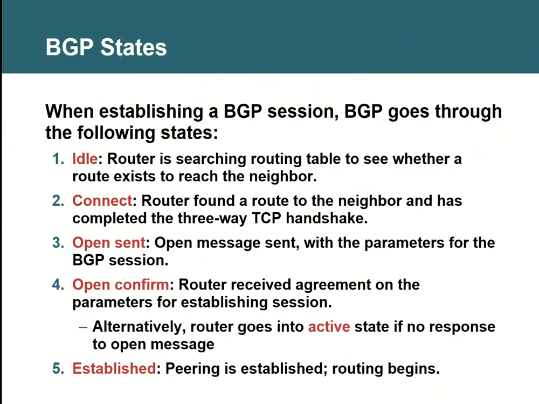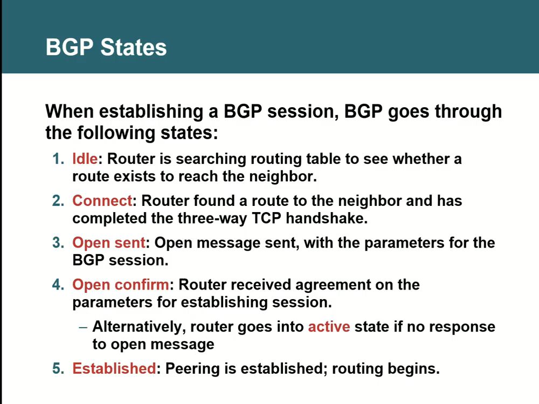So the connect state needs to be completed. For that, we should have configured the neighbor addresses correctly on both the routers, with the right autonomous system number and the right neighbor IP address. Only then the three-way handshake gets over and it moves to open send.